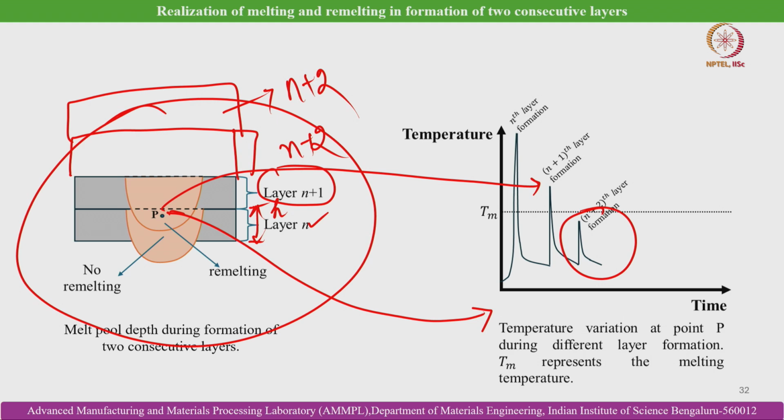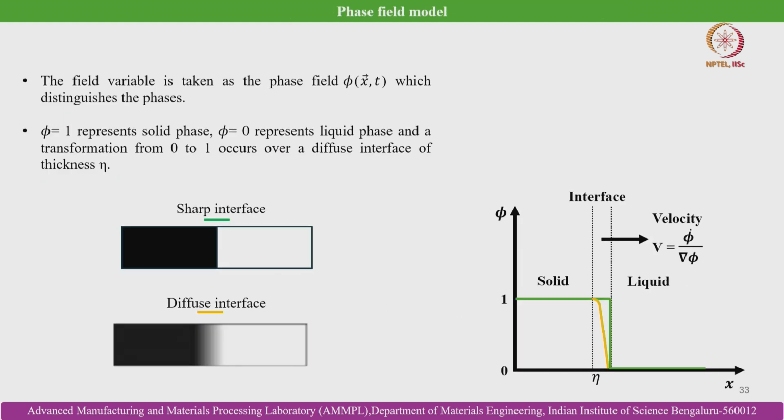So, we have to adjust the laser intensity in such a way that the remelting only happens in the layer immediately beneath the layer which is getting deposited, to facilitate improved metallurgical bonding between the two adjacent layers. However, that should not penetrate deeper into the layer which is even below. Okay. So, this is the basic concept, and then coming back to the microstructure modeling.